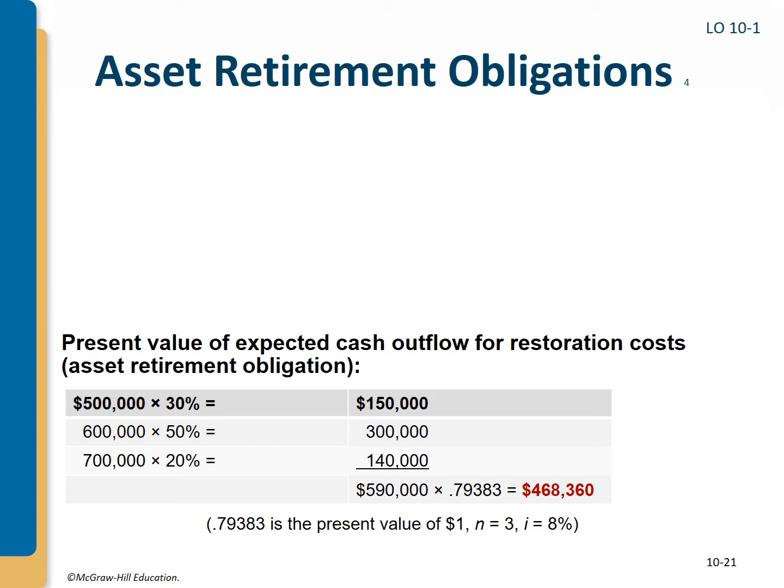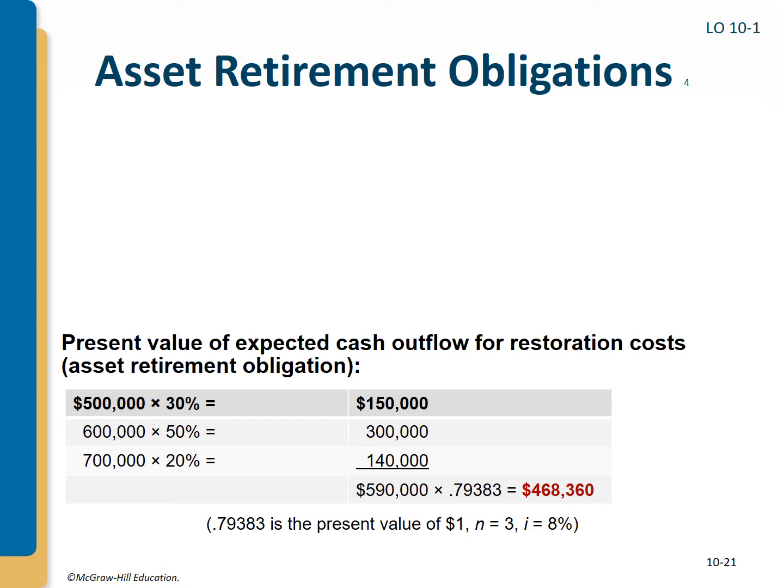The $600,000 option is at 50%, or $300,000. The $700,000 cash outflow is at 20%. Multiply that out, $140,000. We add those all up. So the expected future restoration costs are $590,000, but that's at the end of year 3.